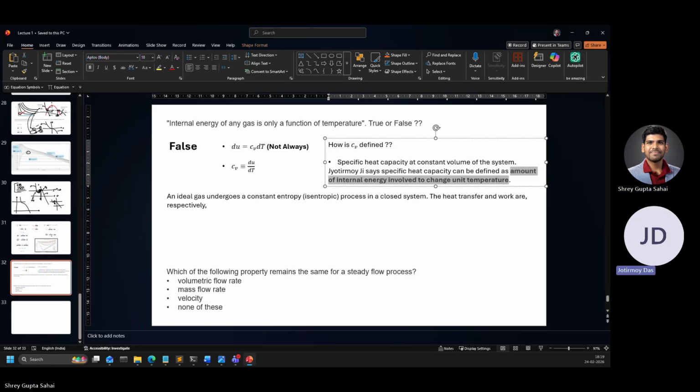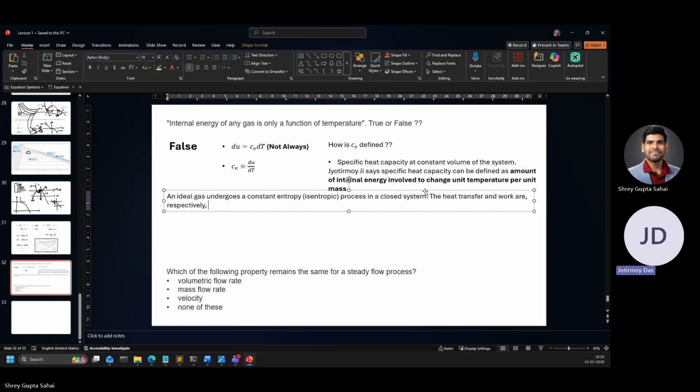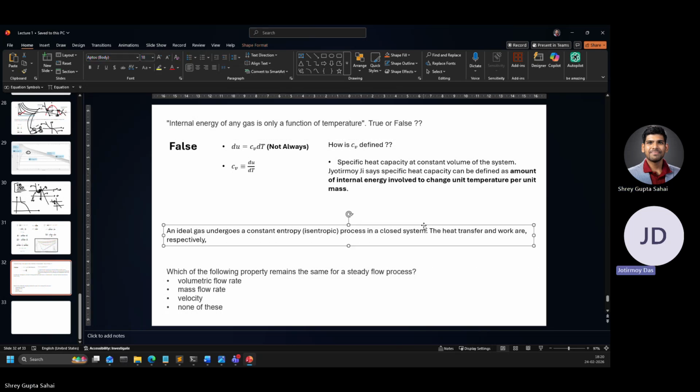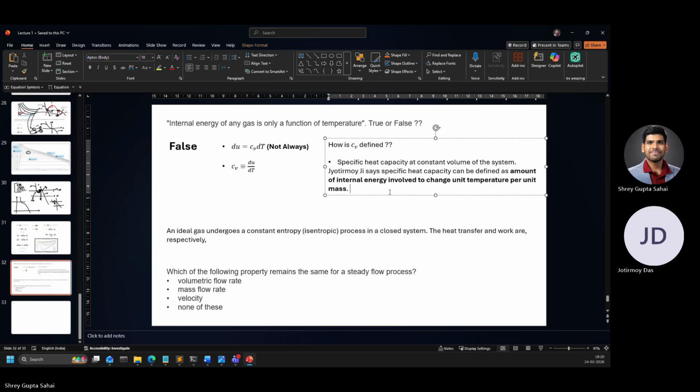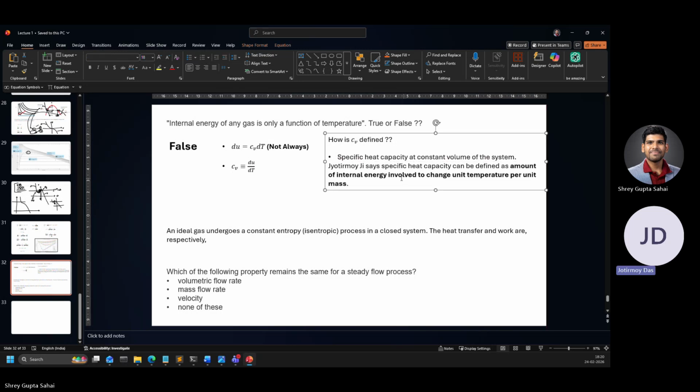For a unit mass, per unit temperature. Yes, per unit mass, correct. It should be heat energy, not internal energy.